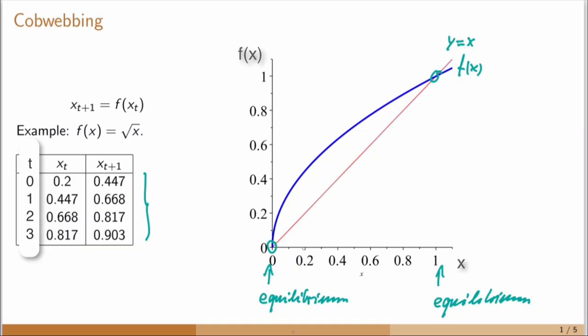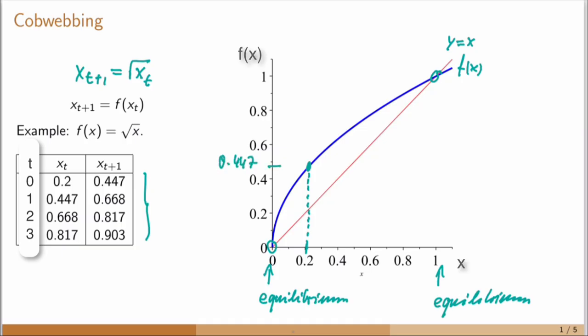So I'm starting at 0.2, which is right here, and I evaluate the function at 0.2. So I need to substitute 0.2 under the square root, and the result is 0.447, or in other words, I go up here to the function, and then the value at the function is 0.447.